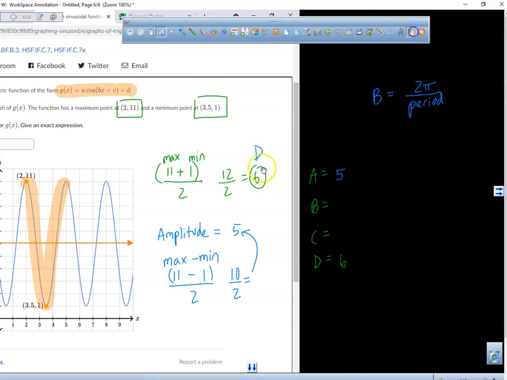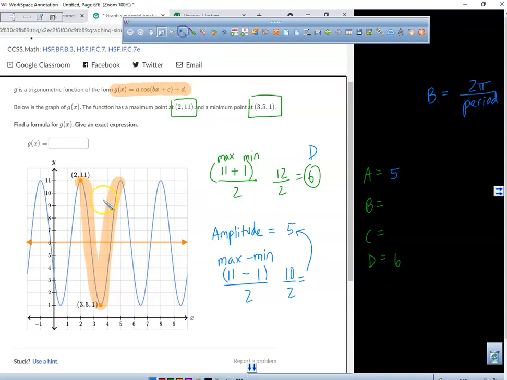So look at our period, guys. It starts here, and where does it end? It ends right there. I don't know if you guys can see that, but how many units is that? All right. So we're going from a 2 over to a 5.